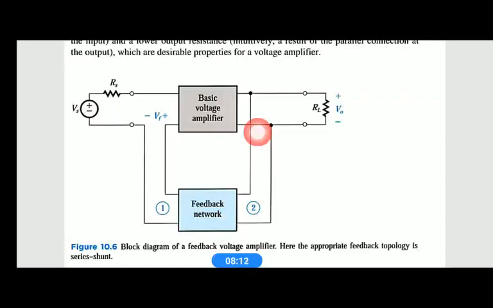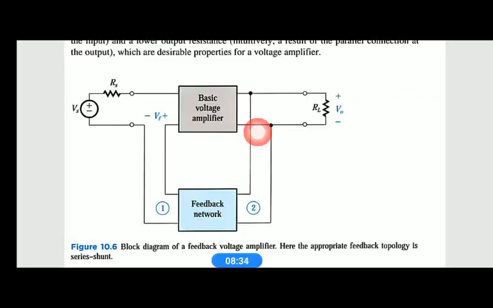We need to verify that each and every diagram used as an example for each topology is connected as negative feedback.